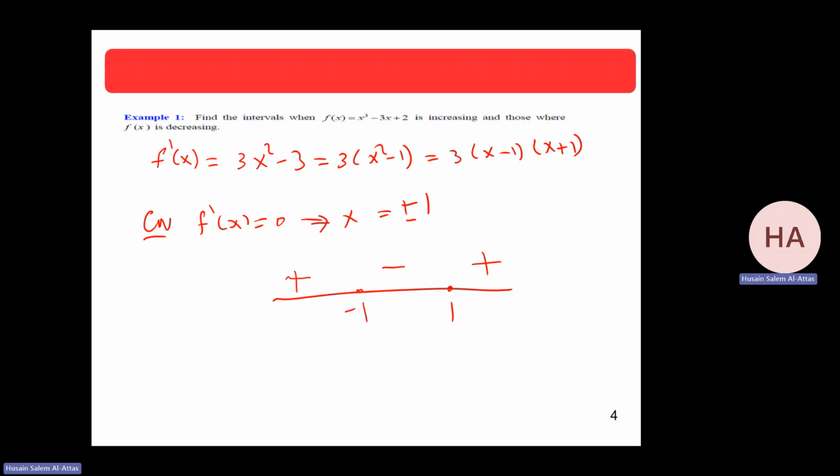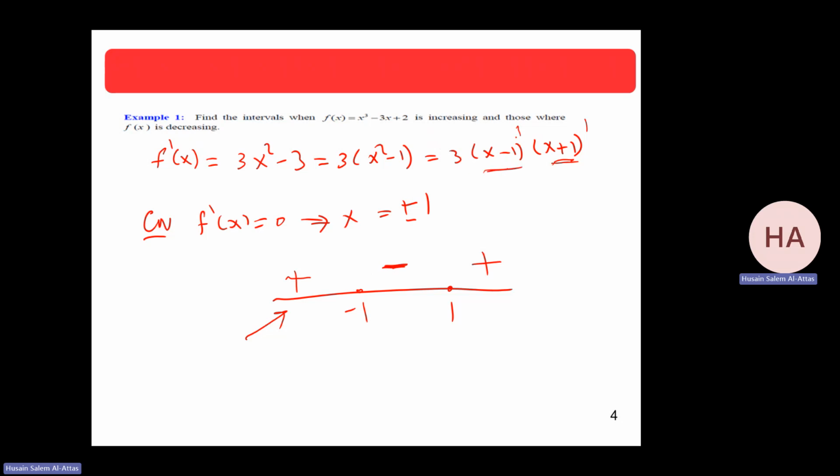You can check it. Actually, if the power is odd, and the power here is 1 and 1, then when I come to this 0, minus 1, I start with plus, and I need to change the sign. So that will be negative.